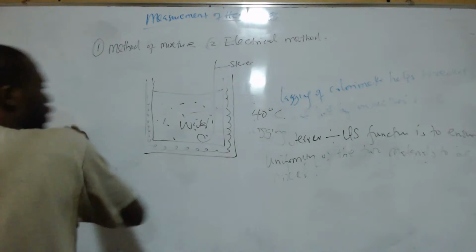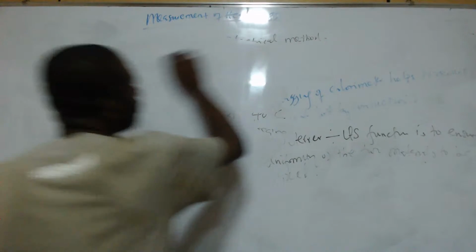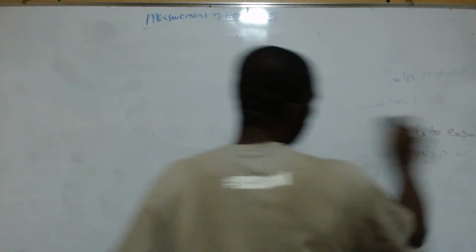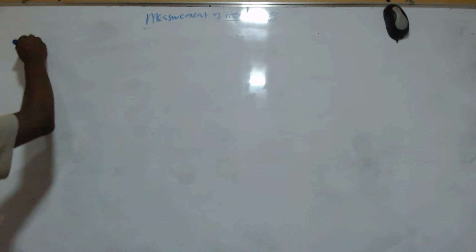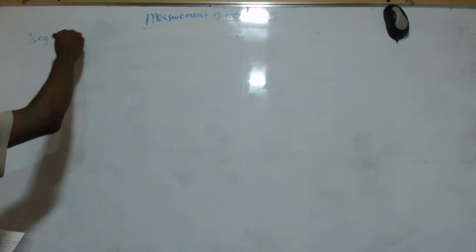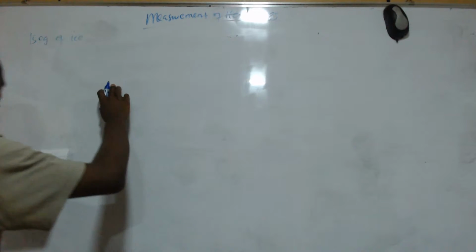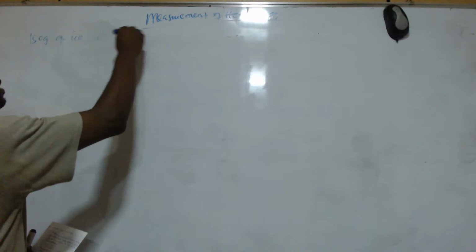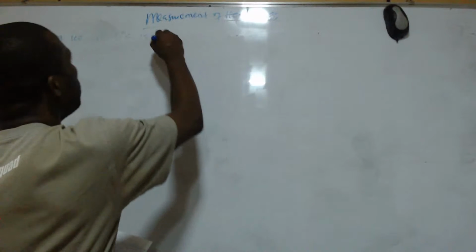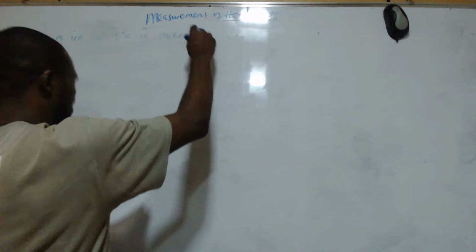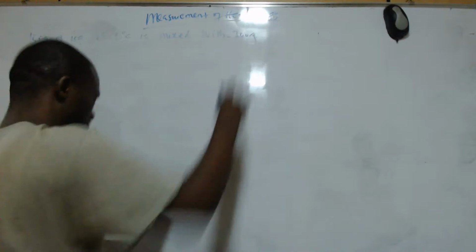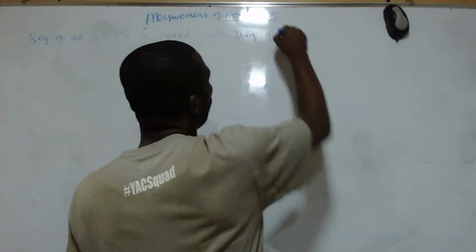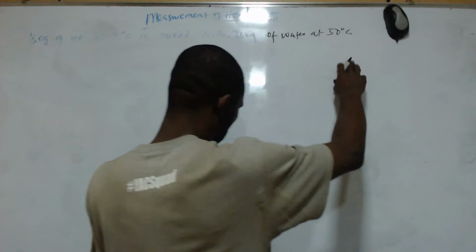Now, let's pick up one question and then you understand what I meant. A practical application of method of mixture. Number one, 150 grams of ice at 0 degrees centigrade is mixed with 300 grams of water at 50 degrees centigrade.